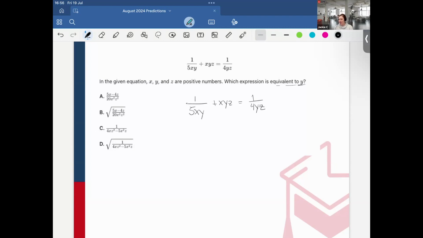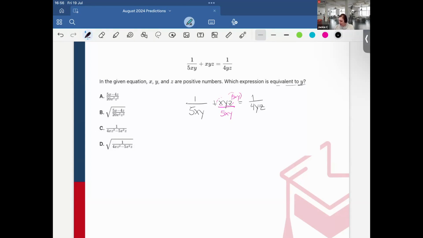My first step would be to make the left side of the equation have the same common denominator. To do that, I'm going to make this 5xy, and multiply the other term by 5xy.